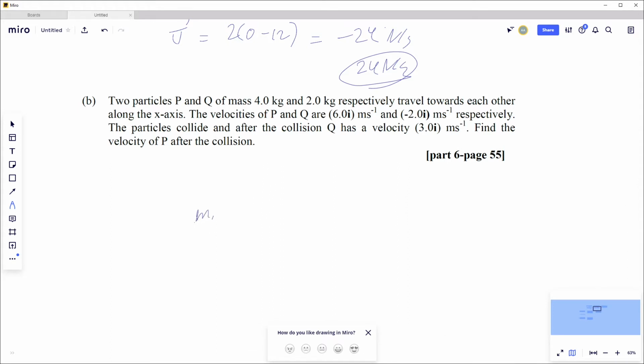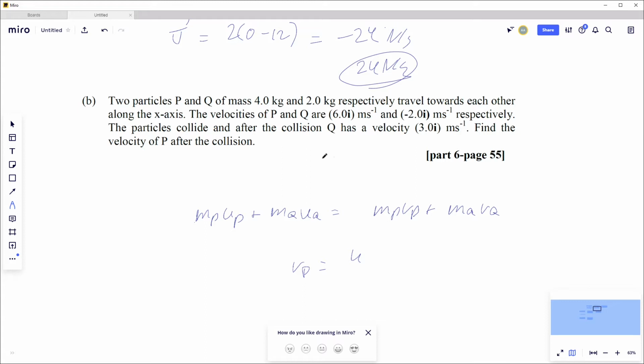So MP times UP plus MQ times UQ equals MP times VP plus MQ times VQ. So VP equals, let me substitute: MP is 4 times UP is what?